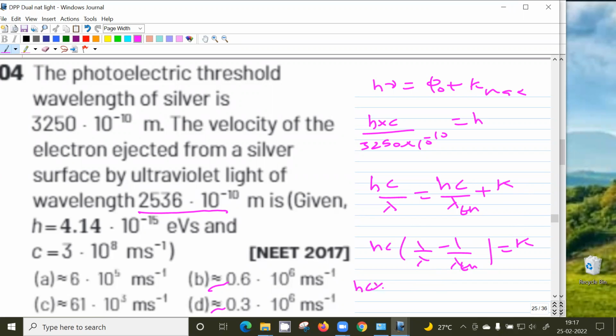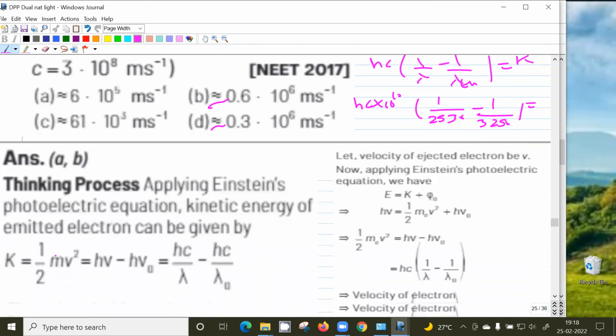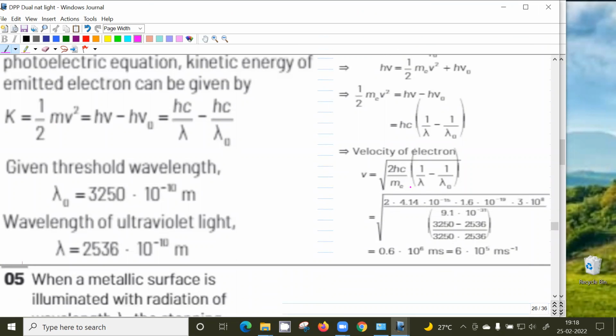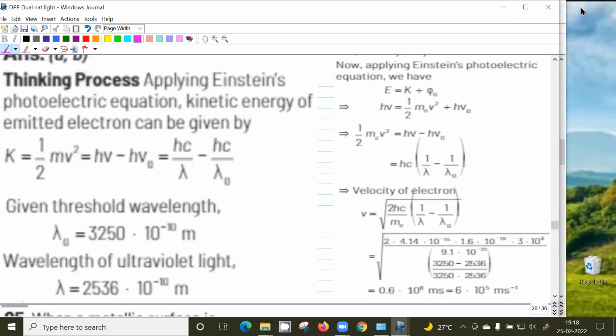So hc into 10 raised to 10 divided by 2536 minus 1 by 3250 equal to half mv square. Yes. Got it?